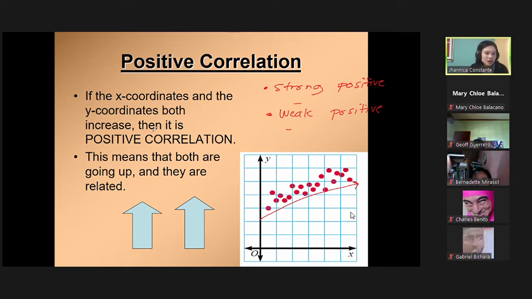So those are the two types of positive correlation that we have, which are the strong positive association and the weak positive association. But strong positive means the dots are not scattered.